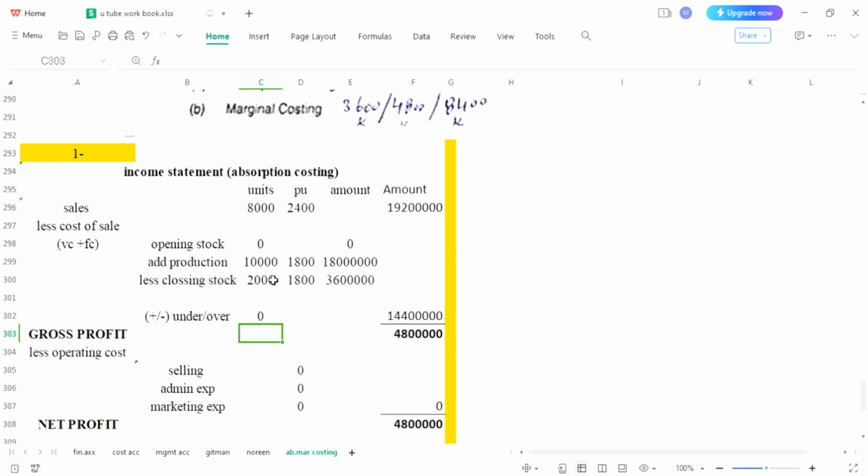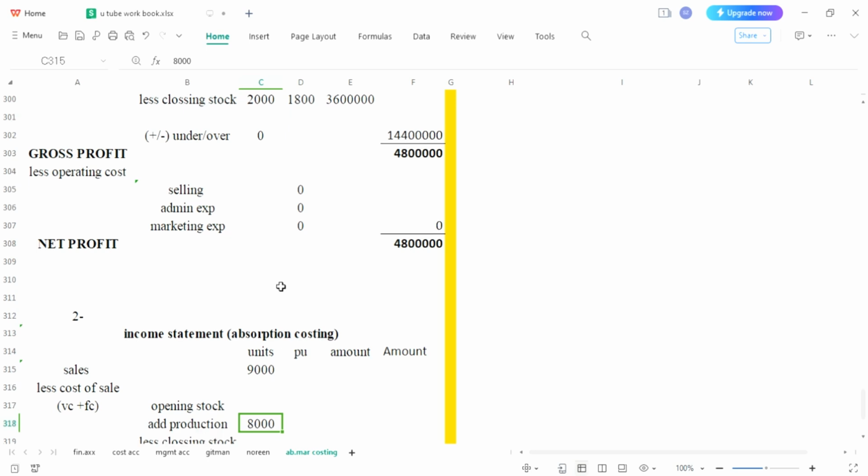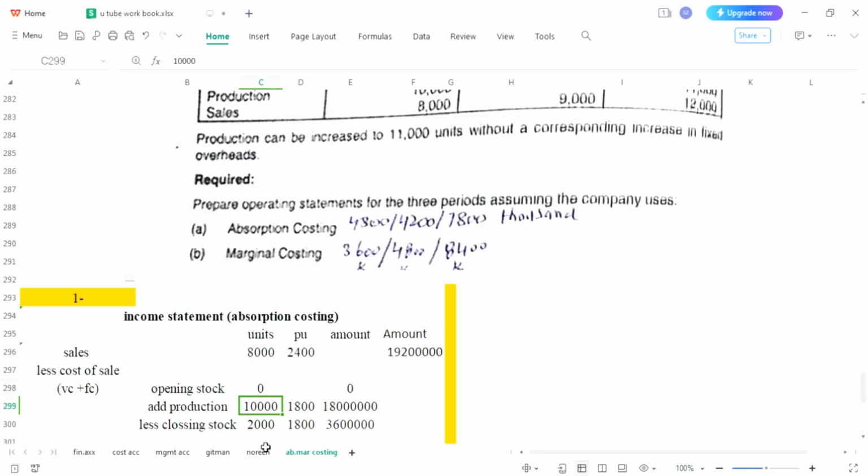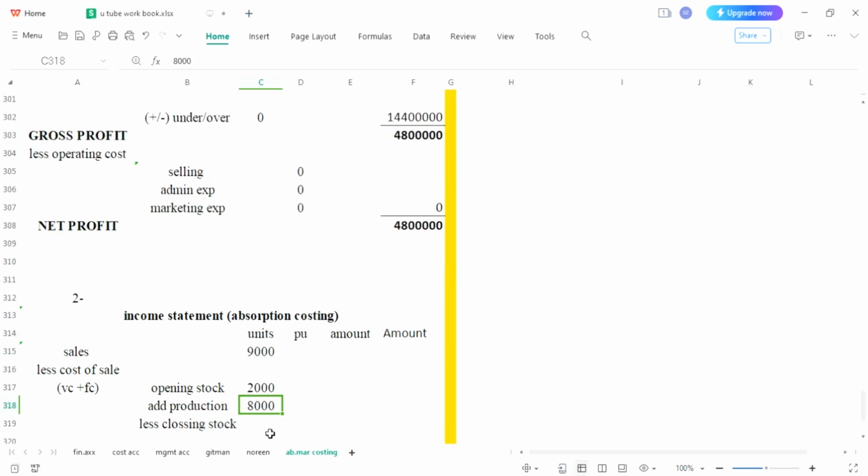These units you were not able to sell, so these were present in your closing stock. Closing stock of previous month would be considered as opening stock of next month. So you put 2000 over here as your opening stock. Closing stock of the previous month is considered opening stock of the current one.